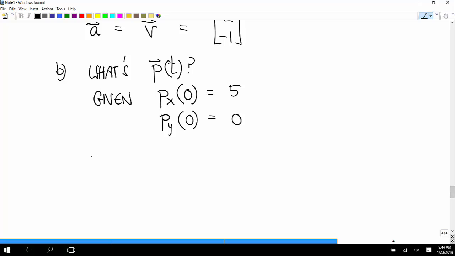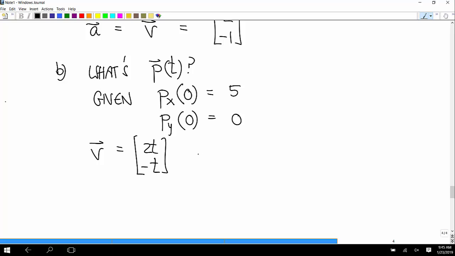Okay, well, this is a vector. You can think of that as a system of equations. So I'm going to solve this as a system of equations. We know that v is equal to (2t, -t).